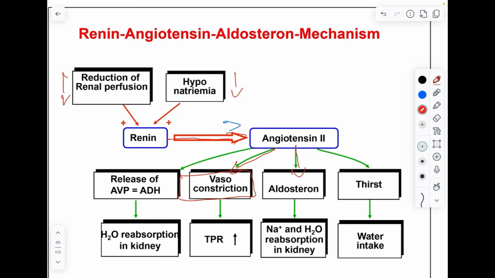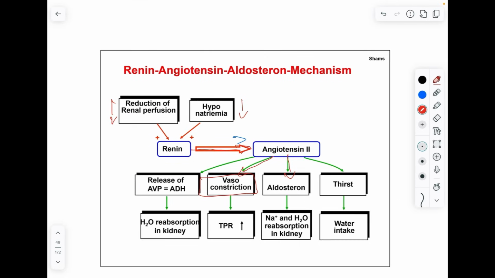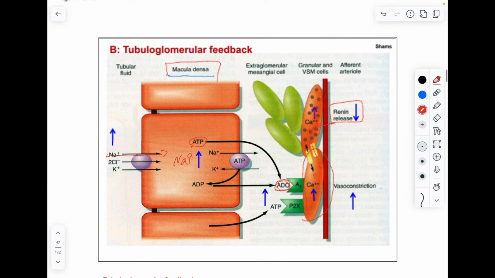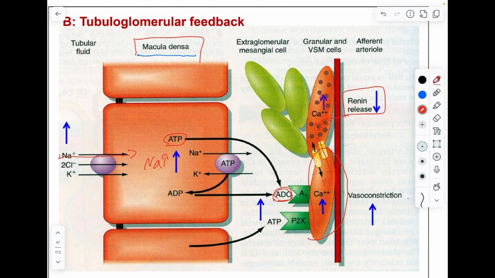Now you will ask yourself, okay, so it does vasoconstriction. If it's not released, as in here, you will have vasodilation. Don't we want the vasoconstriction to happen? Why is that? I will tell you. Renin does not work on the afferent arteriole, neither the efferent arteriole. It works on the whole body.